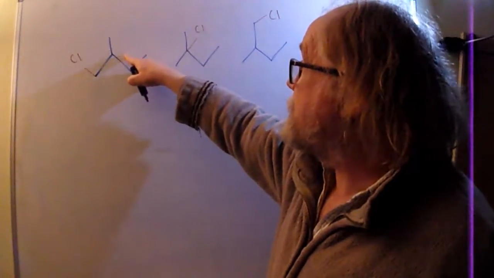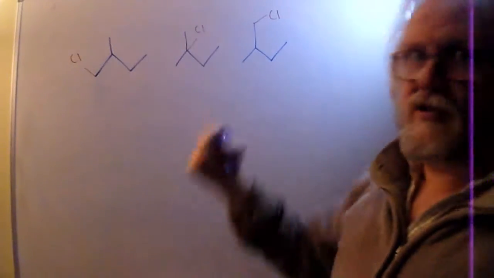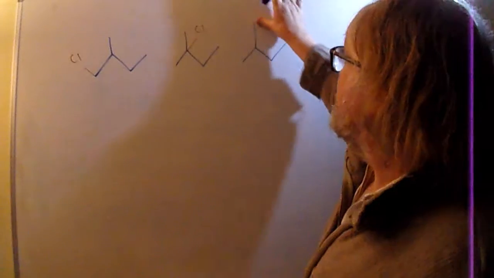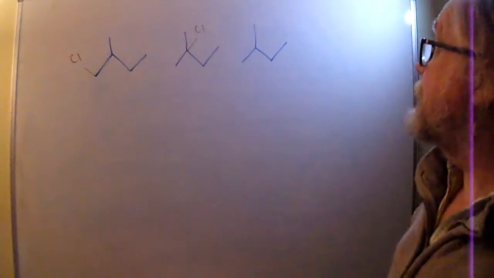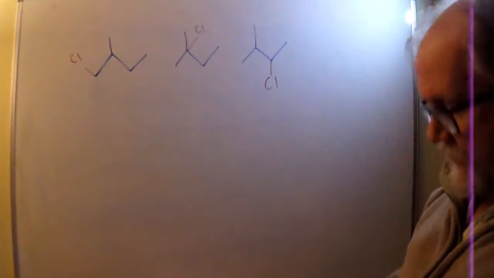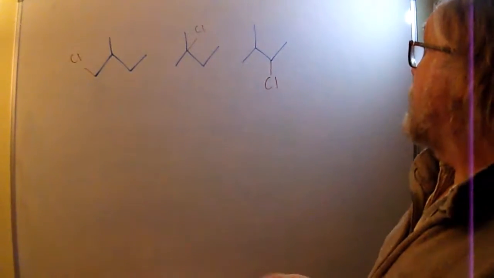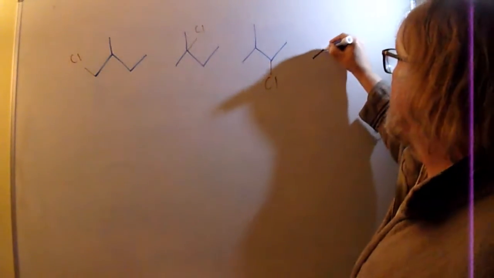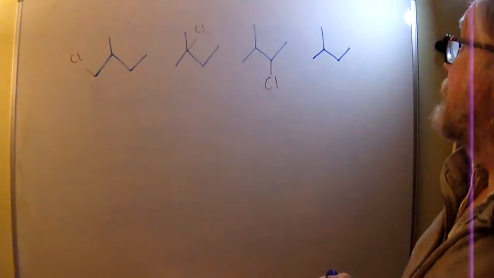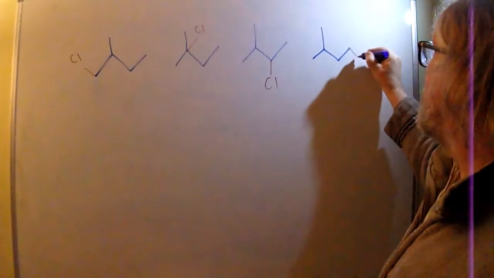If you rotate around this bond, they would just alternate positions anyway, so that's not a separate isomer, so don't fall into that trap. But we can put one here, and that gives us a third structural isomer, and indeed we can put one on the other end, and that's different again.